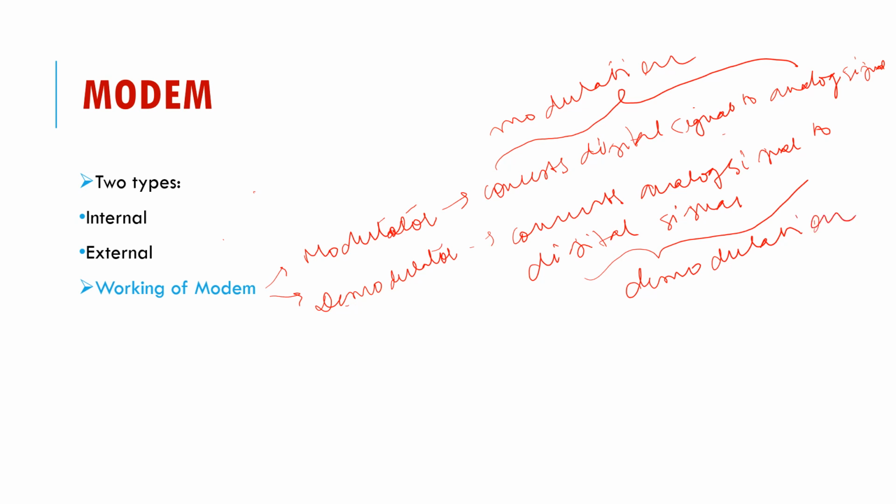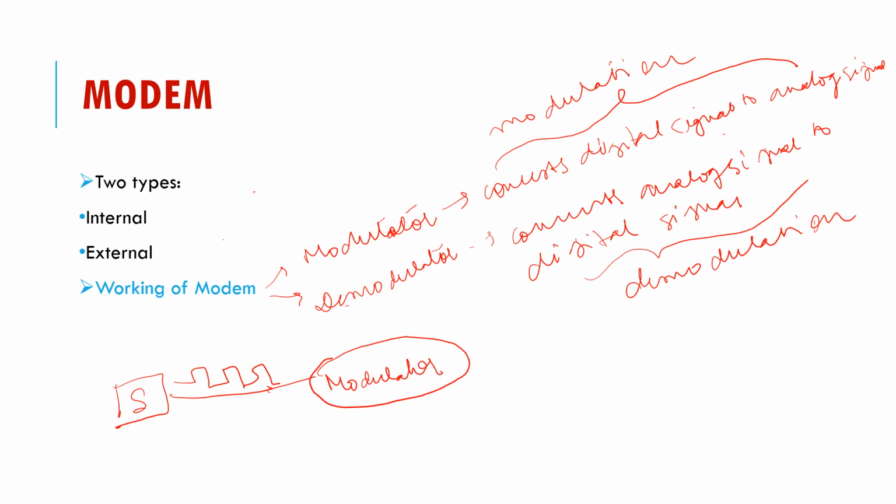Now let me take an example in order to make you understand it a little better. Suppose this is the sender and it transmits a digital signal. Now this modulator will receive the digital signal and convert it into analog signal.